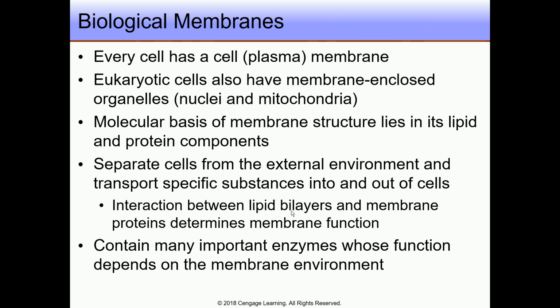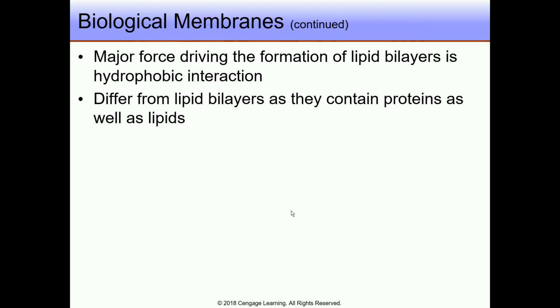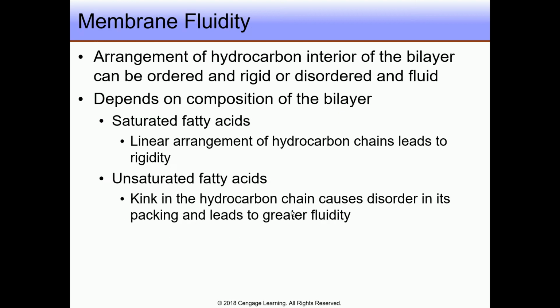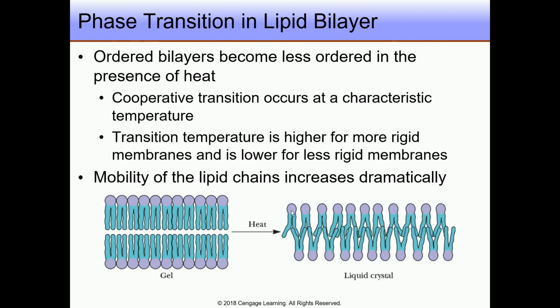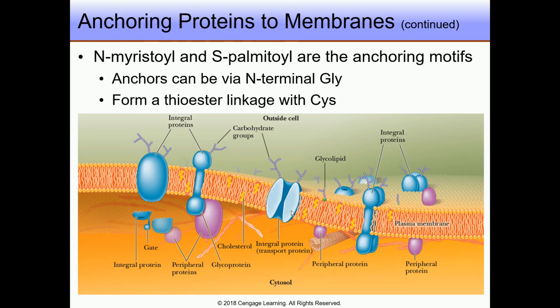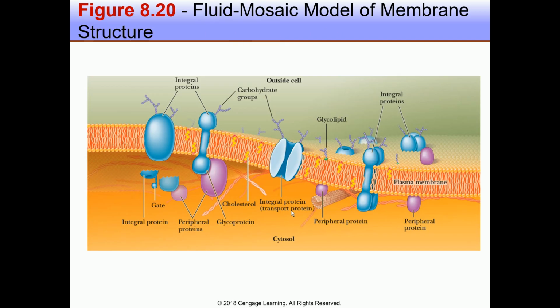To understand the structure of a membrane, let me go to the last slide of this PowerPoint. This is the structure of a membrane. We call it the fluid mosaic model of the membrane, and I'm going to discuss soon why it's called a fluid mosaic.